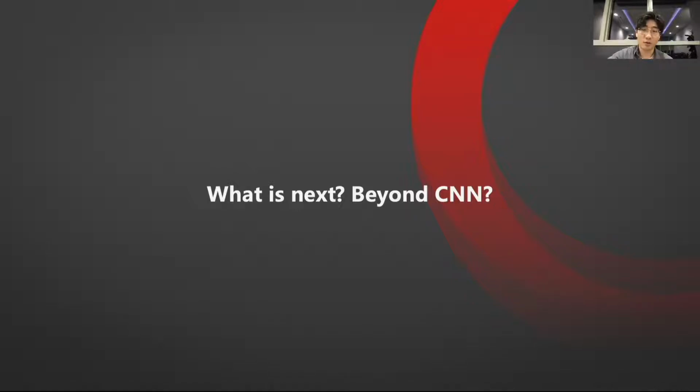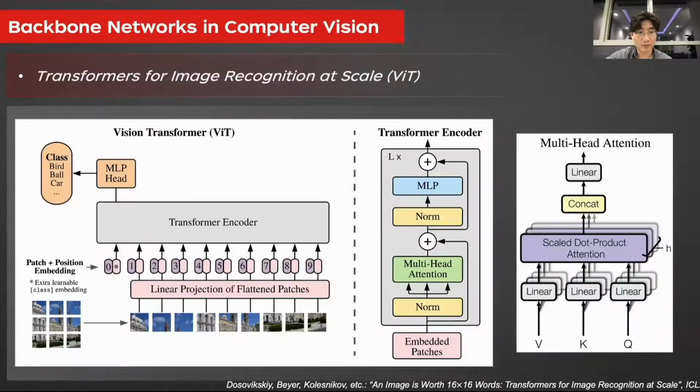Here is the question: what is next beyond CNN? The answer is vision transformers, which have experienced rapid development and show promising performance in many vision tasks, including classification, detection, segmentation, pose estimation, and so on.